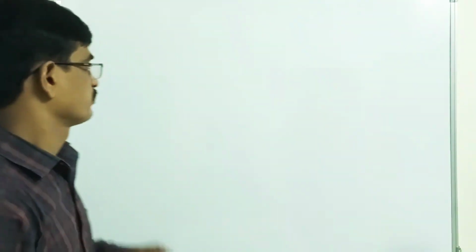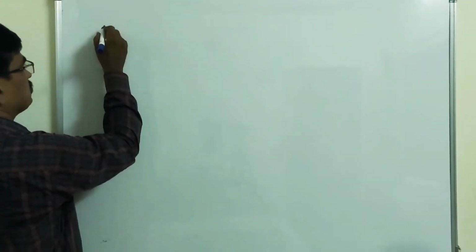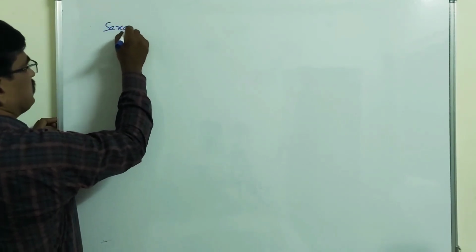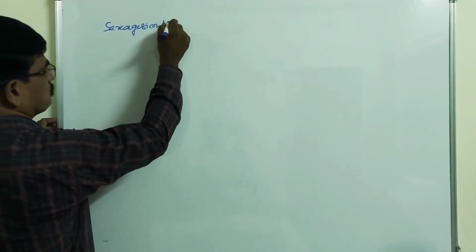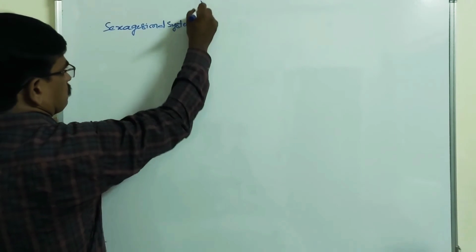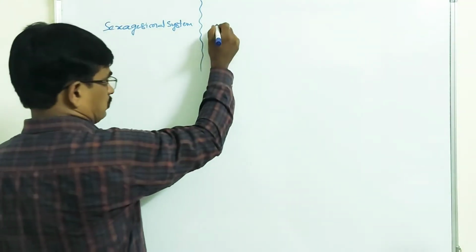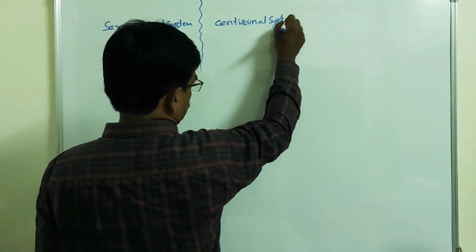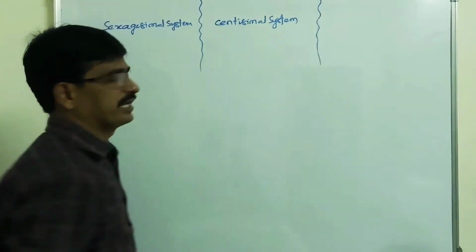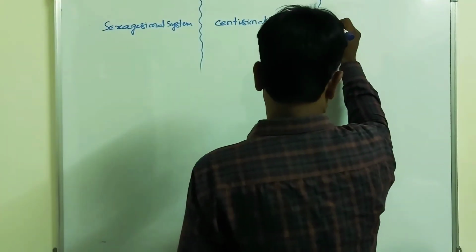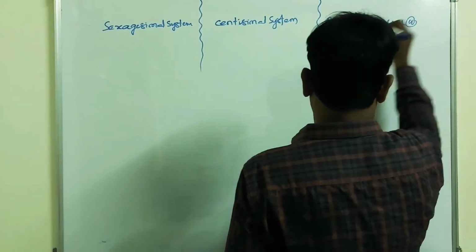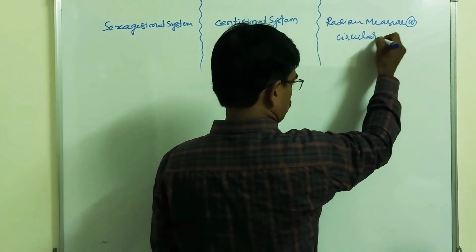One is the sexagesimal system, another one is the centesimal system, and the next one is radian measure or circular measure.